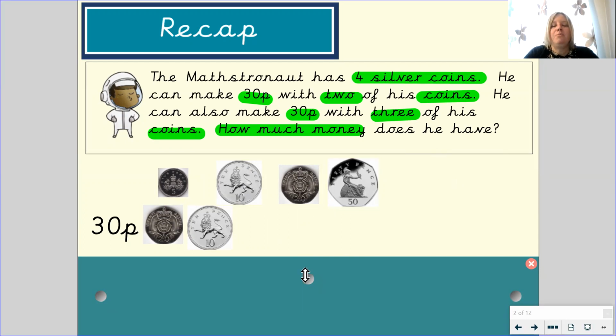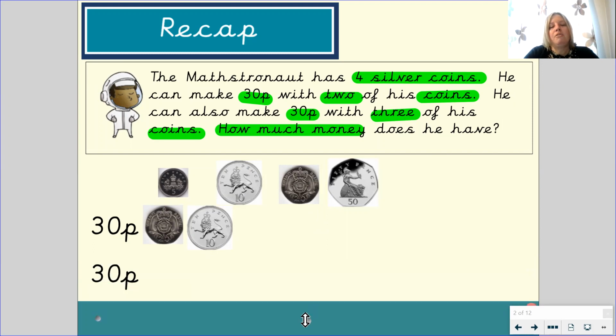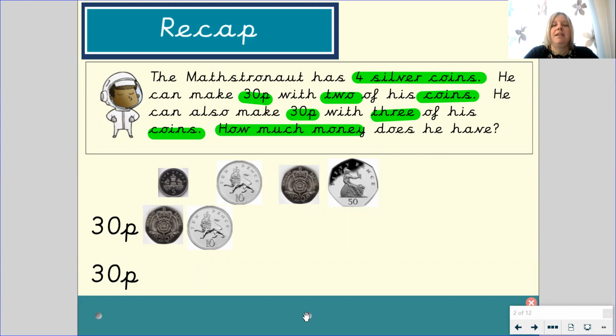Let's have a look and see which 3 coins he could use to make 30p. He could use a 20p coin. He could use a 5p coin to give him 25p. And if he got another 5p, that would make 30p.